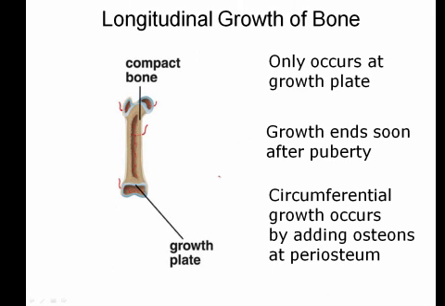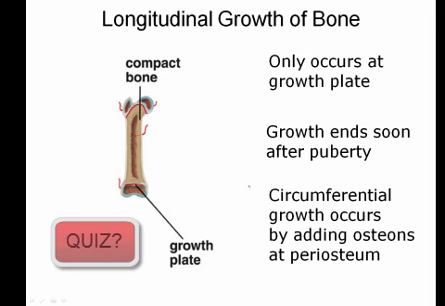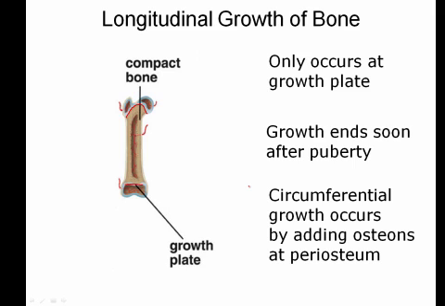At birth, there is a band of cartilage that is still between the diaphysis and the epiphysis. This plate is called the growth plate, and this is the only place that bone can continue longitudinal growth. We will add cartilage cells on one side of the growth plate, and then the osteoblast will convert that cartilage into bone. And so what happens is the diaphysis grows, and it will push the epiphyses farther and farther apart, and that is the longitudinal growth in bone.